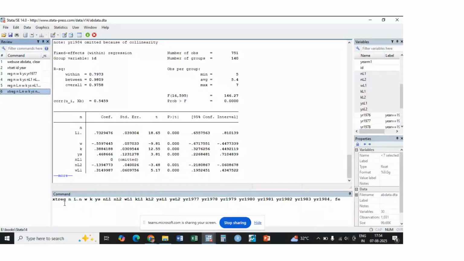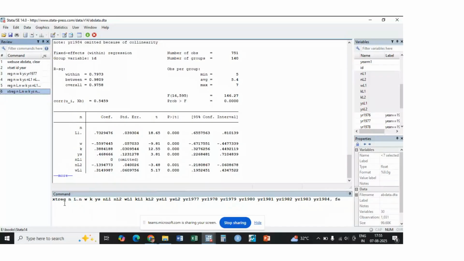Now, what do you observe? What will happen when you do this? With the FE transformation, the value of beta comes down, because FE is underestimating your model because of the negative correlation that we discussed earlier, right?